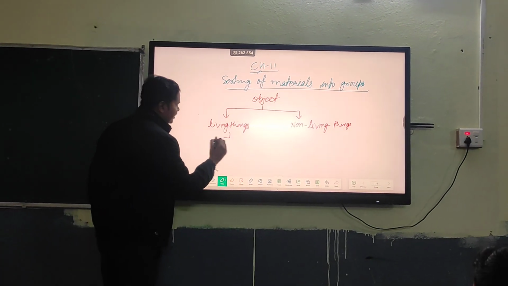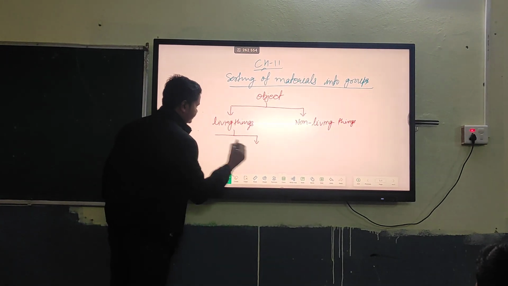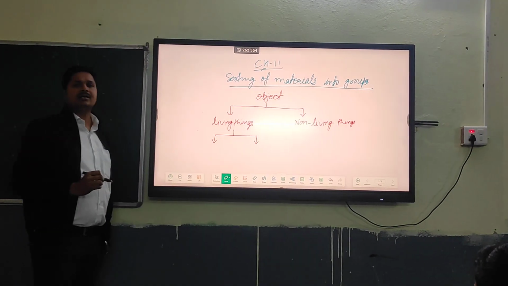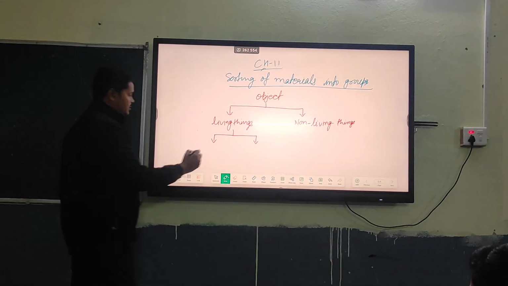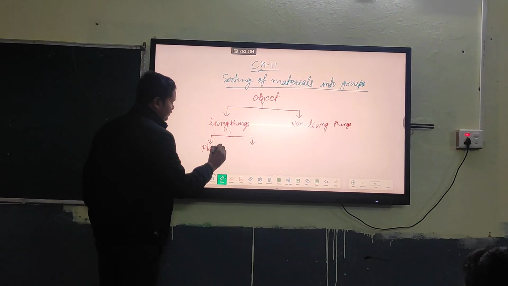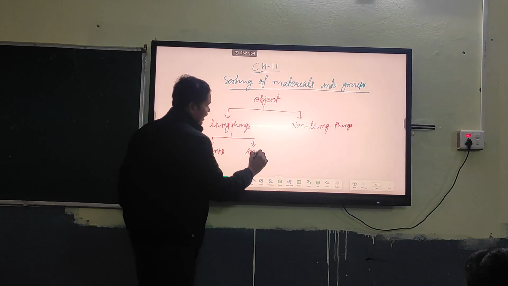Now, living thing can be divided into two parts: plants and animals.